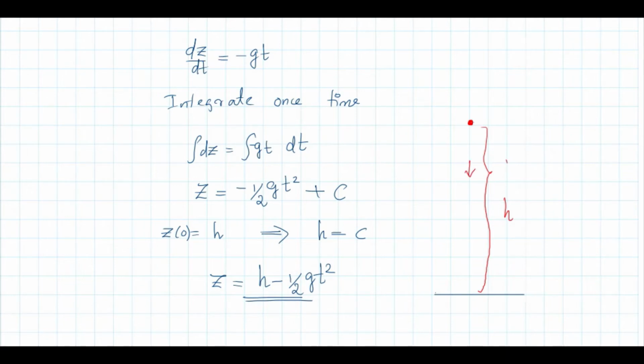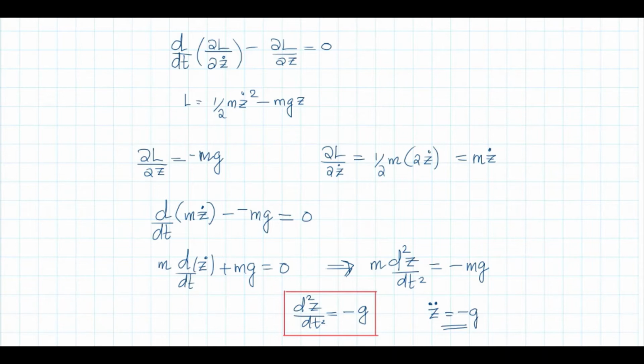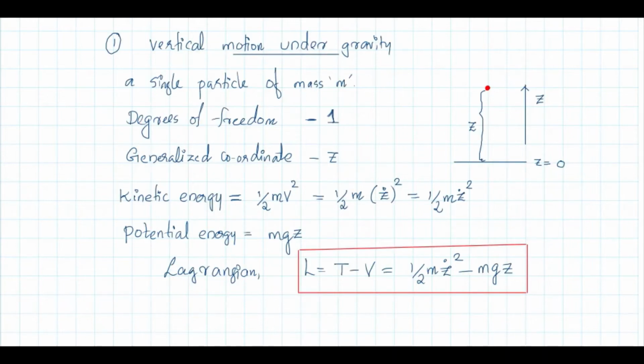So velocity at any instant of time t is given by minus gt, and position at any instant of time t is given by h minus half g t square. This is the state of the system at any particular instant. So here we derived the state of the system from the equation of motion, and that equation of motion we obtained using the treatment of Lagrangian.